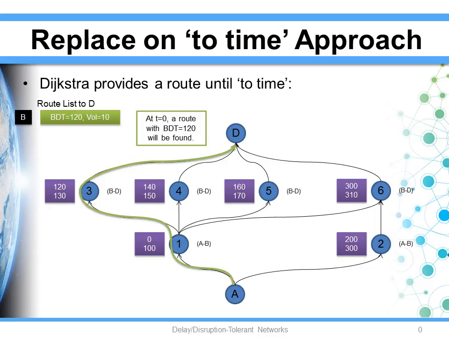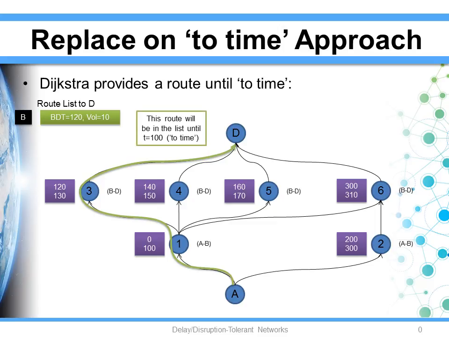Then I will add this entry to the route list to D through neighbor B. So I have 120 of best delivery time, and this route has a volume of 10 time units, whichever the data rate we're using in this node. So I will be able to reach node D with a volume of 10 using this route.